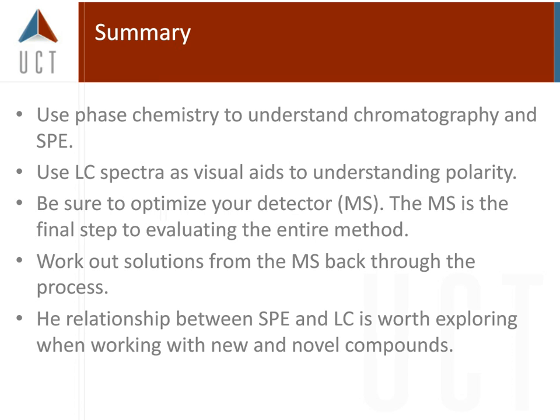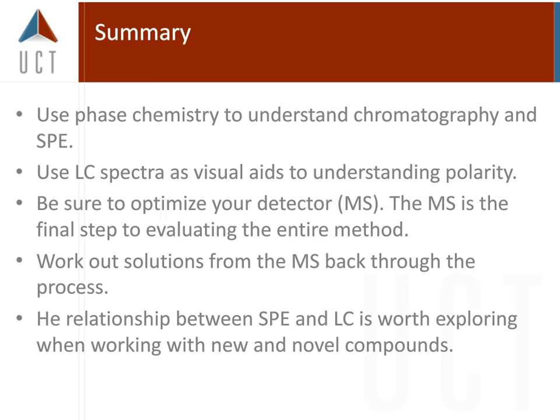And what you have to remember is that when you're dealing with the gradient, the front end of your LC is usually the most difficult to get the best peak shape. And usually starting out at a reconstitution solvent very similar to your initial gradient helps to sharpen those peaks up.